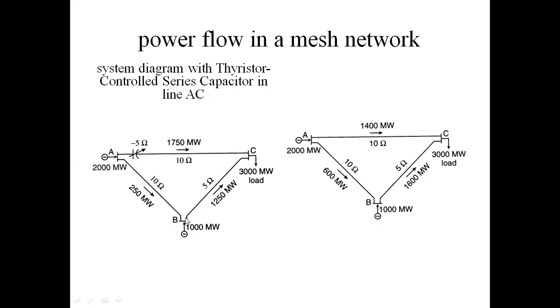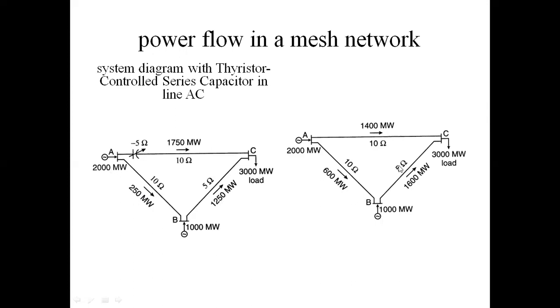Next, AB carries 250 megawatts. The remaining 250 megawatts flows through this AB transmission line. AB was previously 600 megawatts; with the TCSC in the circuit it is 250 megawatts. Next, the B2C transmission line capacity is the same 1250.